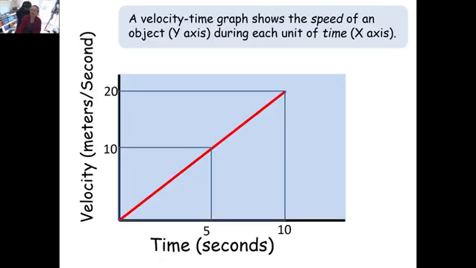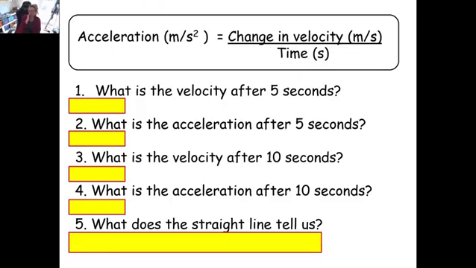So if we go back to our velocity time graph, what I want you to do is just take a quick screenshot of this graph and then use it to answer these questions. Okay, so after 5 seconds, the object is moving with a speed of 10 meters per second.